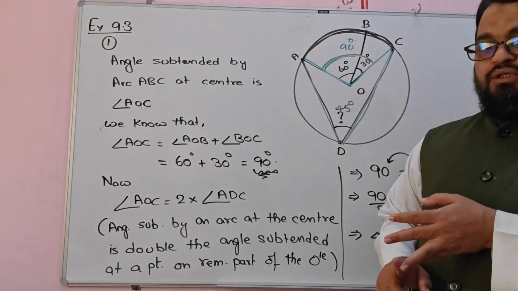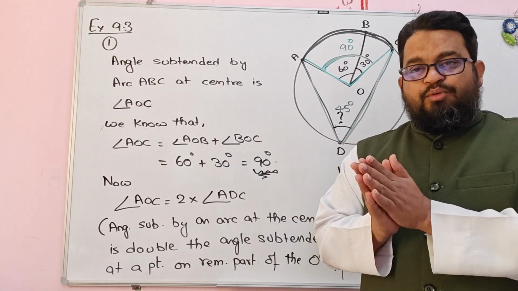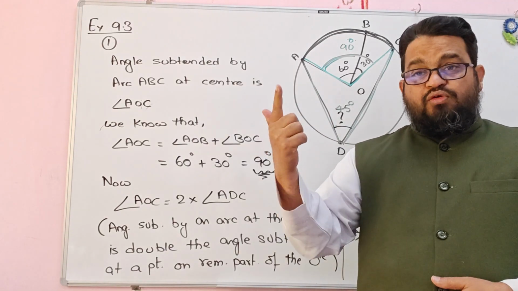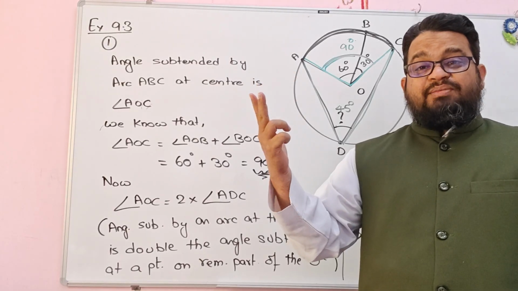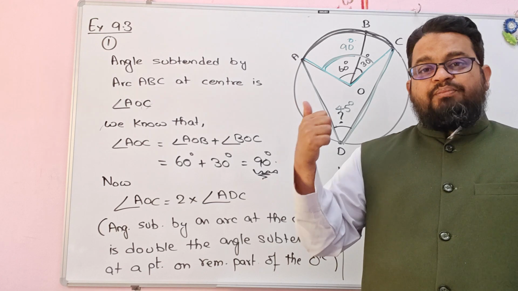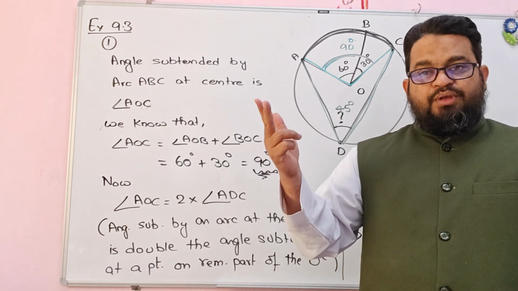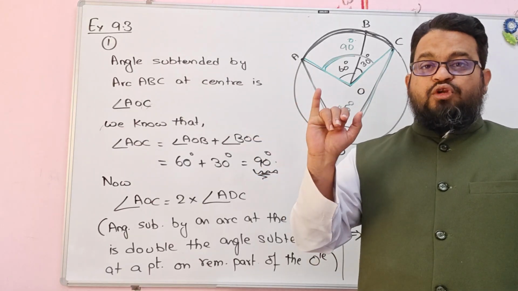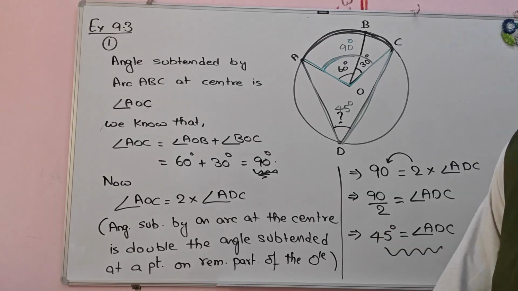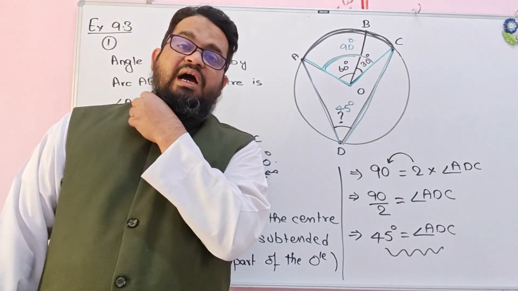Whenever you start to solve a problem, 3 things are very important: what is given, what to find, and what concept is to be used. And while answering, the 4th one is very important, the conclusion. If you write all these things stepwise, you will not lose even half a mark.